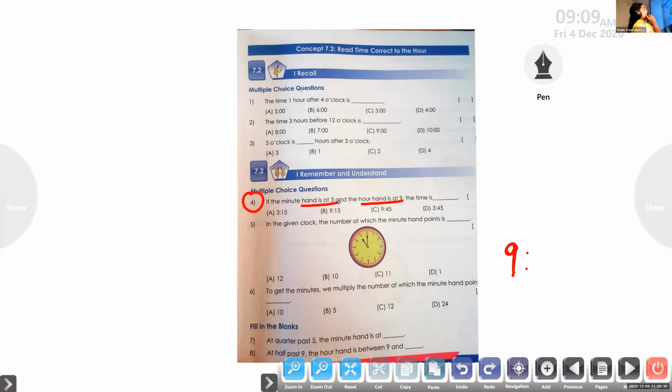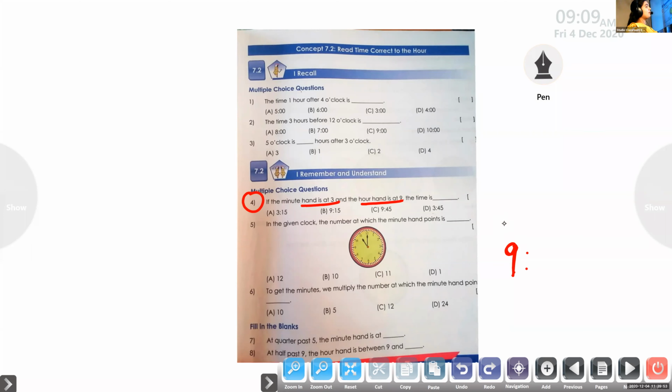What is the minute? 3 into 5? Alan, please unmute. Sana, study the table properly, okay?